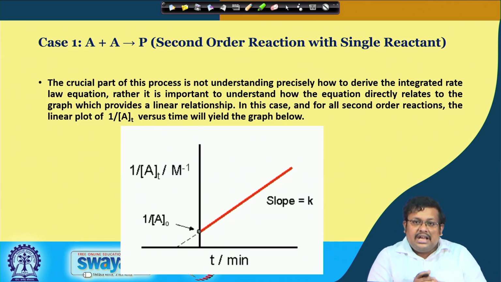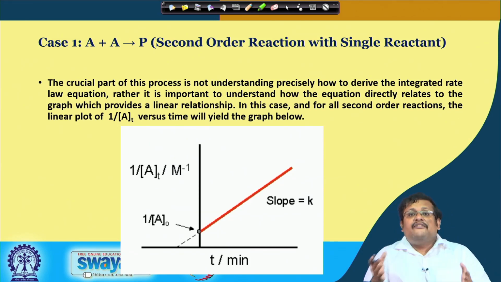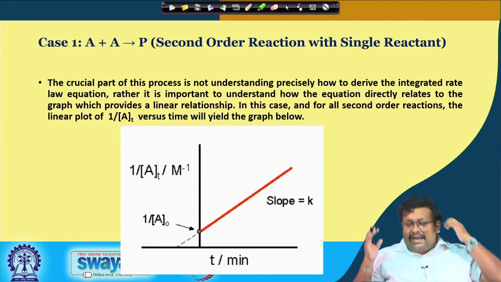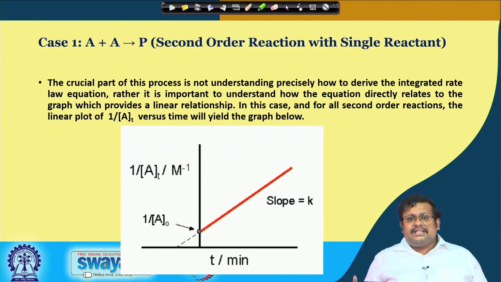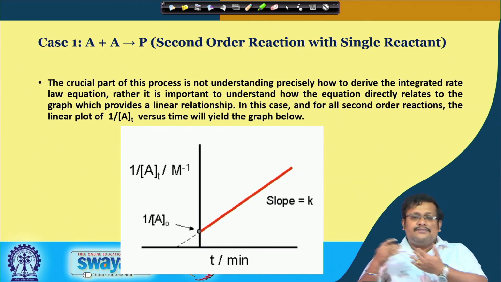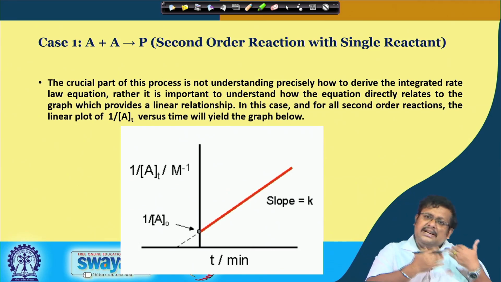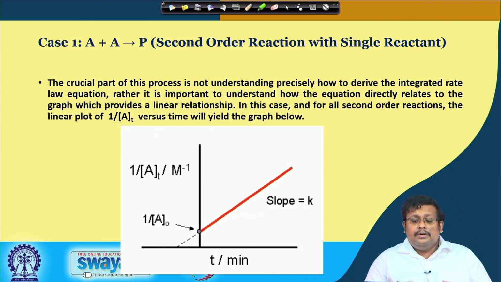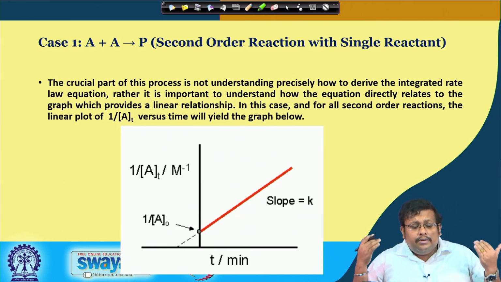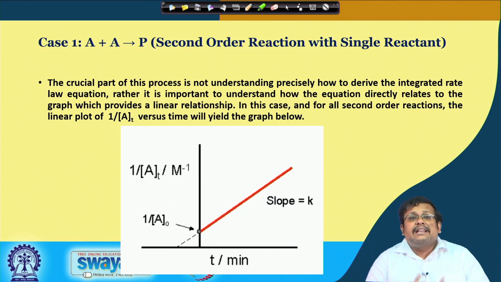Because the graph can give you, for any empirical chemical reaction, if you plot the data, the understanding of whether it follows a first order reaction, a zeroth order reaction, or a second order reaction. So, it is very important to understand how the equation directly relates to this linear relationship.